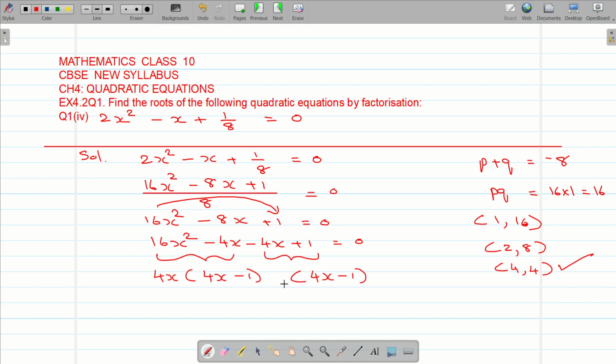For that I have to take minus 1 outside. So 4x minus 1, then from the first I am getting 4x, and from the second I am getting minus 1. So 4x minus 1 is equal to 0, or 4x minus 1 is equal to 0.